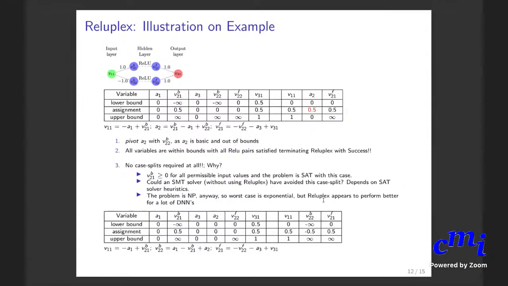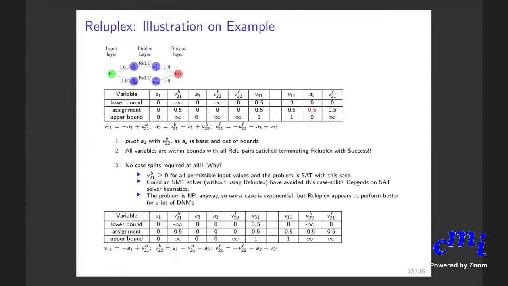But Reluplex appears to perform better for a lot of DNNs than directly using Z3. You will see when you get the assignment on Marabou, which uses Reluplex, you will be comparing some small examples on both Marabou and Z3.